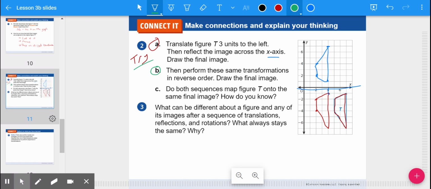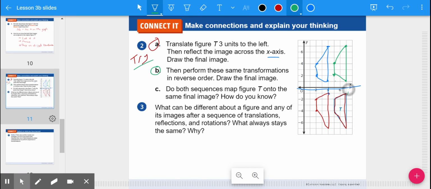Now we're going to do the same thing with green. It says, but in reverse order. So let's reflect it first. So 1, 2, this is 1 away, 2 away, 7 away up over here, and then 4 away from the line right here. So there's my shape reflected.